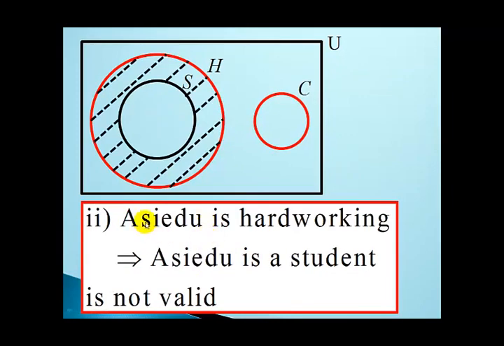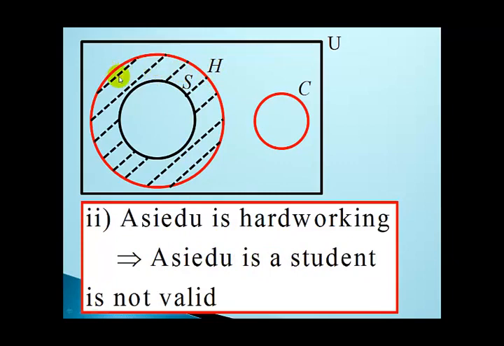Now, Asiedu is hardworking implies Asiedu is a student. Asiedu is hardworking means Asiedu can be anywhere within the circle H. But when you say Asiedu is a student, it doesn't sound right, because Asiedu can be within the shaded portion.